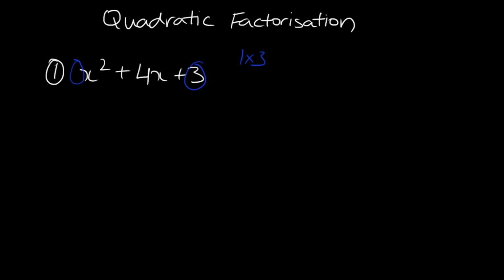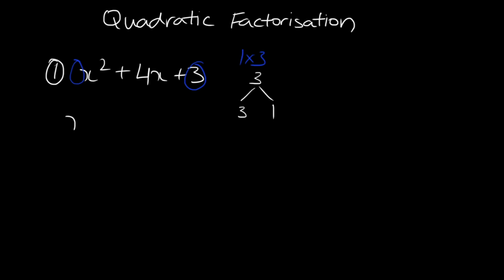So 1 times 3 is just 3. And what we need to do is use the factors of 3 to somehow make positive 4, by adding or subtracting. In this case, the only factors of 3 are just 3 and 1. And we know that 3 plus 1 is going to give us 4x.